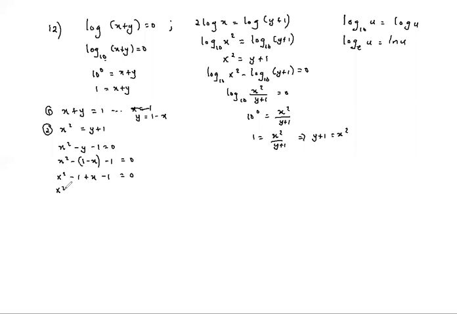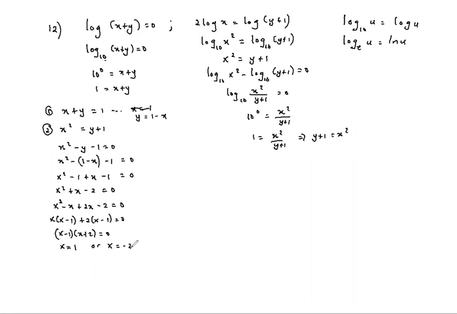So this is x squared plus x minus 2 is 0. So the product is negative 2 and the sum is 1. So the factors will be minus 1 and 2. So I have x minus 1 and x plus 2 is 0. So x is 1 or x is negative 2.